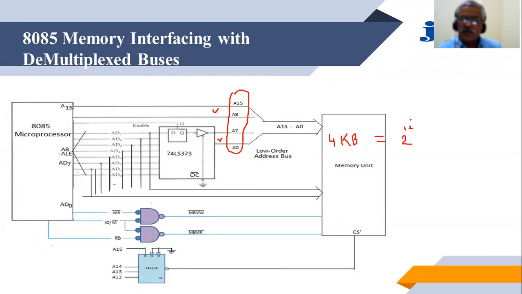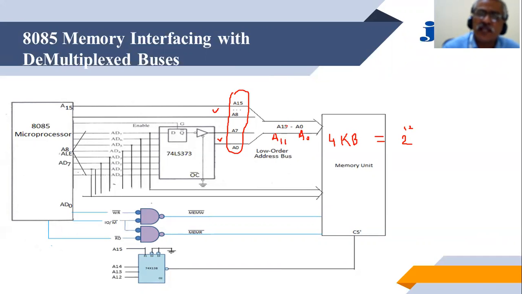But the requirement in this case for 4 kilobytes is only a 12-bit address space. So of this 16-bit space, we require only 12 address lines, that is A0 to A11.